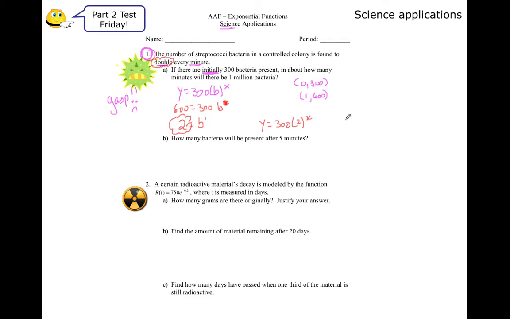So they want me to put 1 million in for y. So 1 million divided by 300 is equal to 2 to the x. But that means that log base 2 of 1 million over 300 is x.